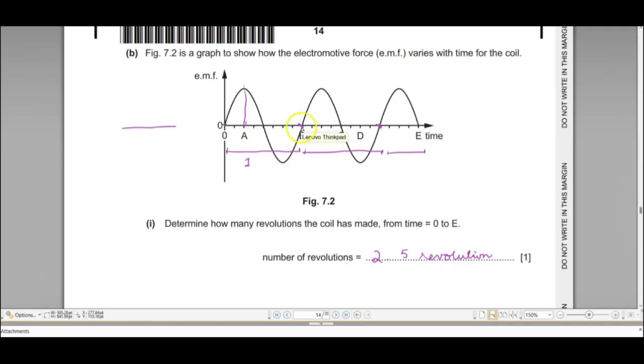At position B, the EMF produced would be 0. So that means the coil would be vertical. At point C it is 0 again, so the coil is going to be vertical, and at point D, if we draw this line, it is going to be maximum. So it means that it is going to be horizontal again.